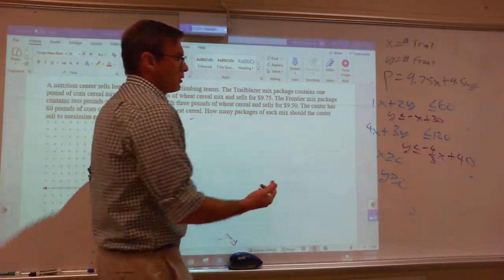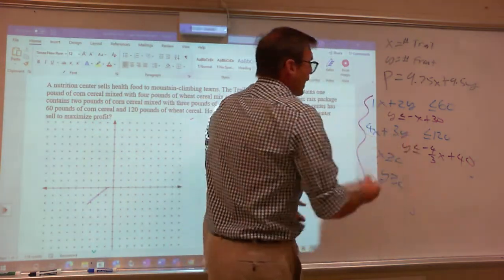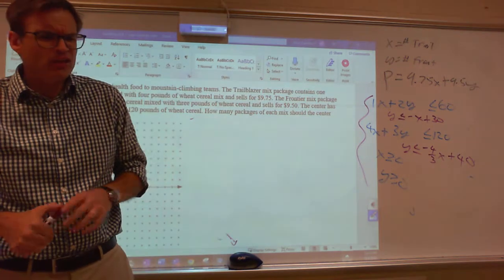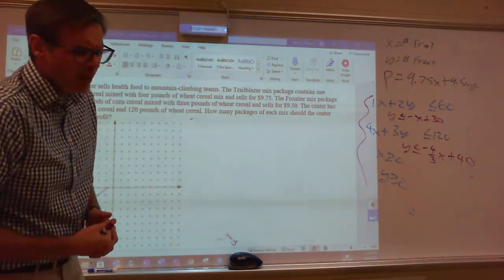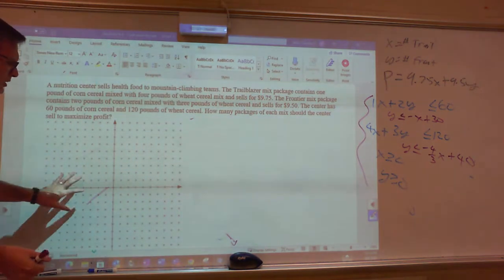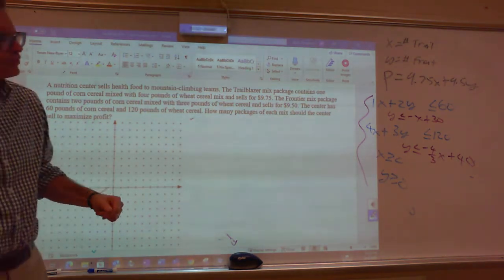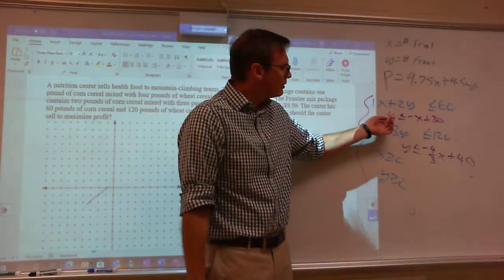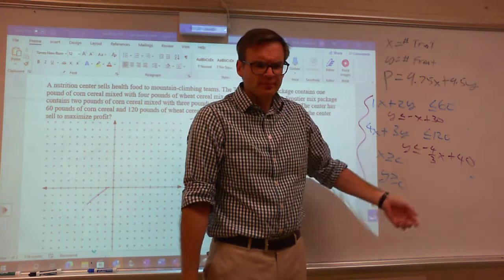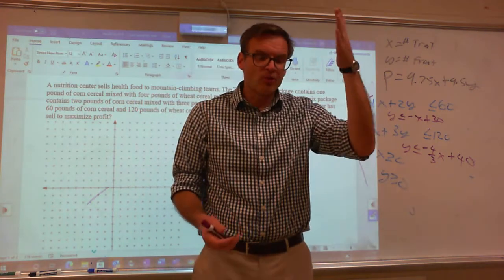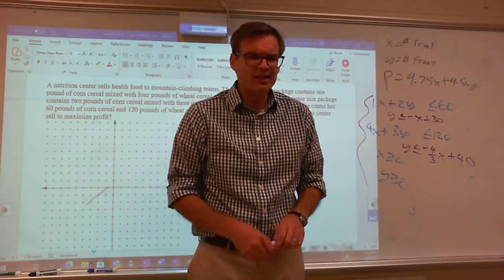It's kind of the same thing as the other problems. But I didn't give you a convenient graph. Because if you look at this, if I want to graph y is less than negative x plus 30, ideally you'd like 30 on the y-axis. Well, I didn't give you that.